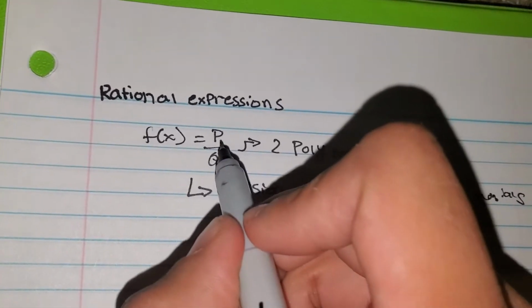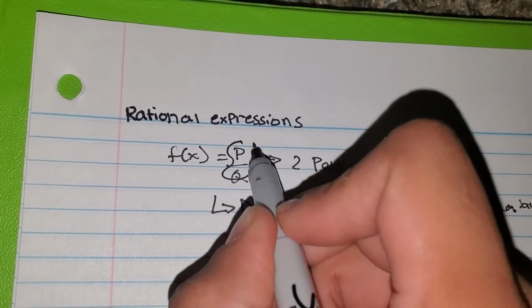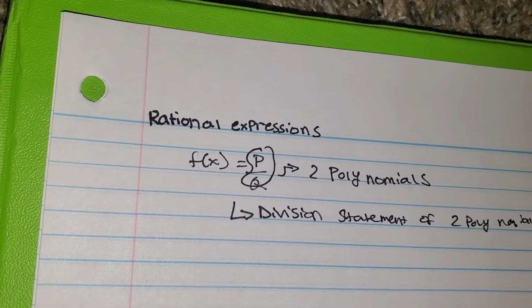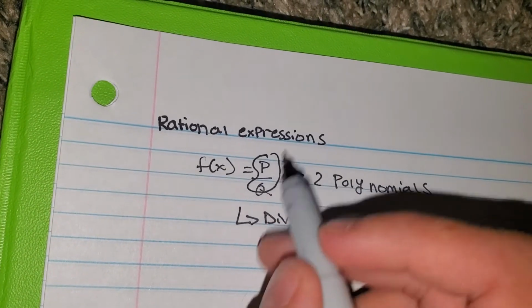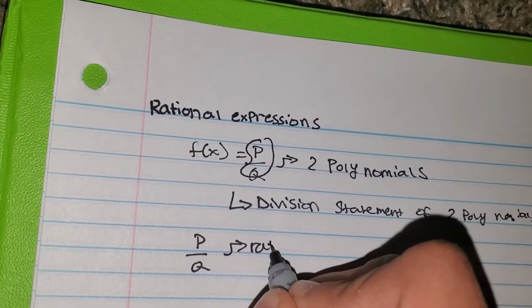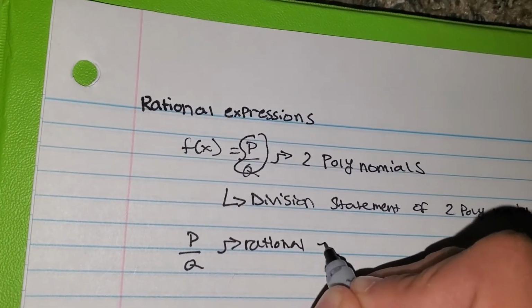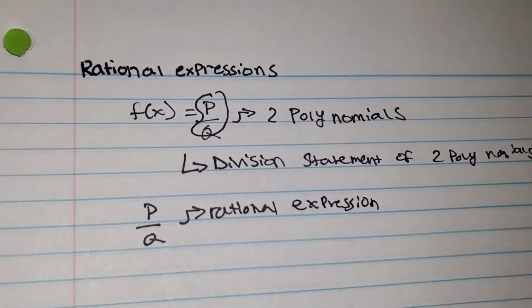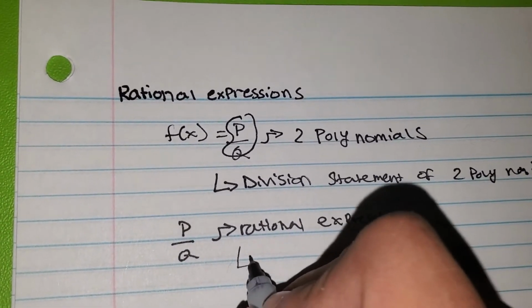We just want to focus on this piece, p over q, and it's what we call a rational expression. In fact, you could take it even deeper and say it looks like a fraction.